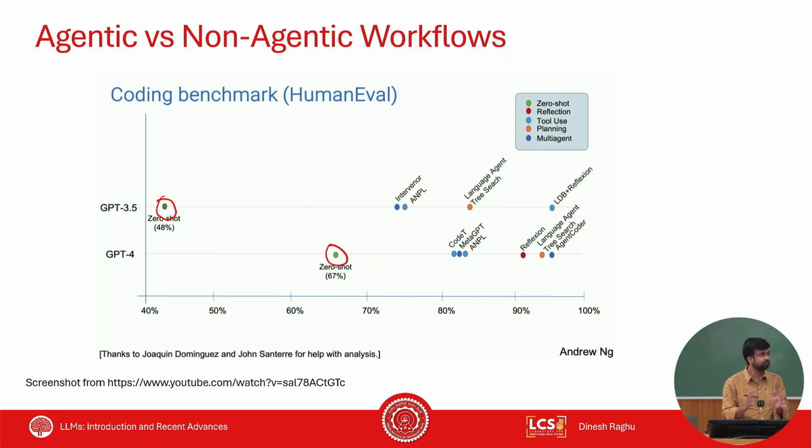But if the task demands it, you can actually solve it much better with an agentic workflow, and you don't have to wait necessarily for the next version of the LLMs to come out to solve your task, right? So that's the crux of this, and in this lecture we'll be talking about how you would design or how you would end up using something like GPT 3.5 or 4 in an agentic fashion, right?